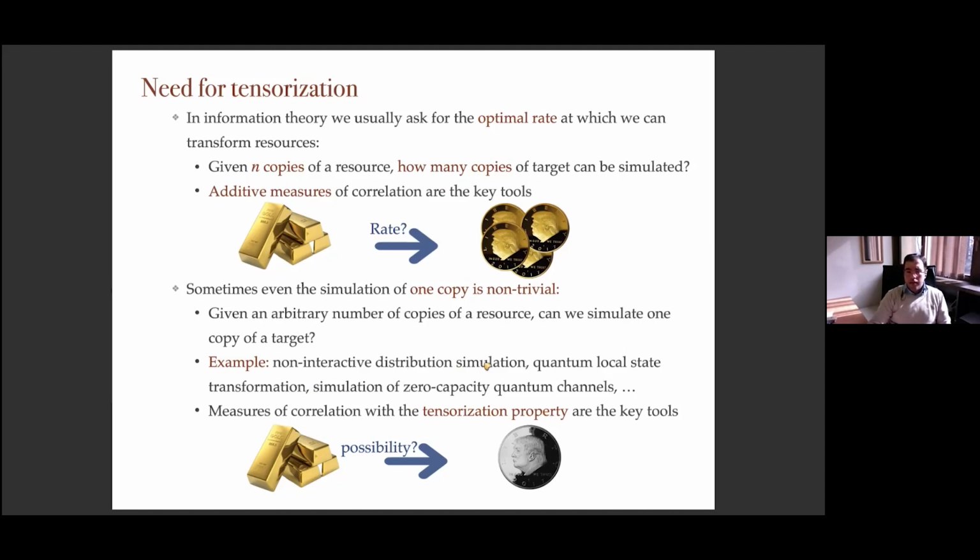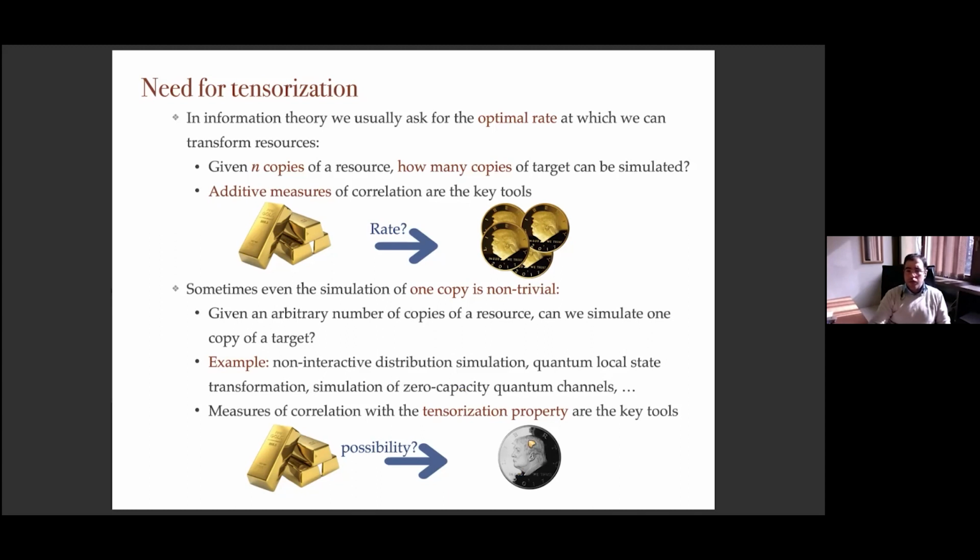And you saw some examples. Interactive distribution simulation, the quantum version, which is the quantum localized state transformation, and the simulation of zero capacity channels and so on. The point is that when I'm talking about the rate at which we can transform resources to each other, probably my target is of the same nature as my source.